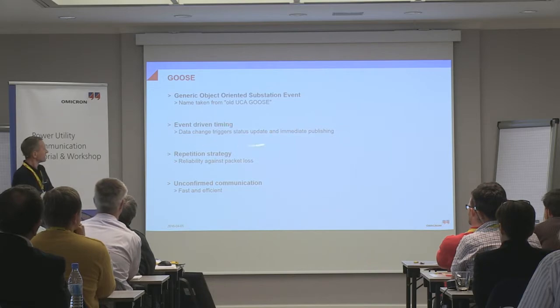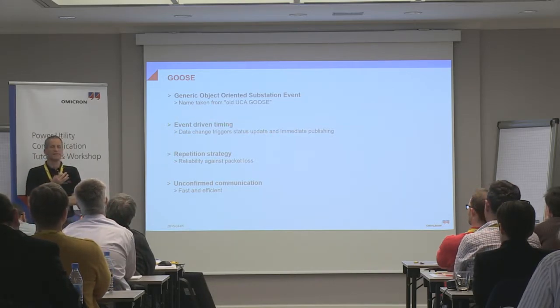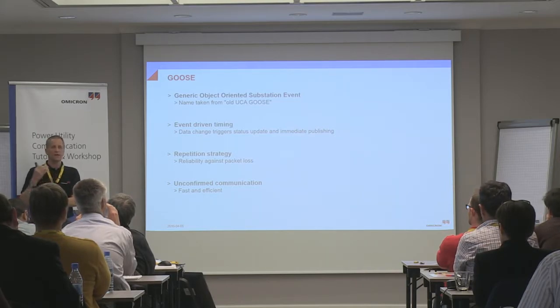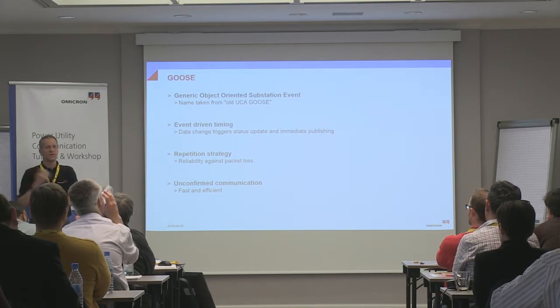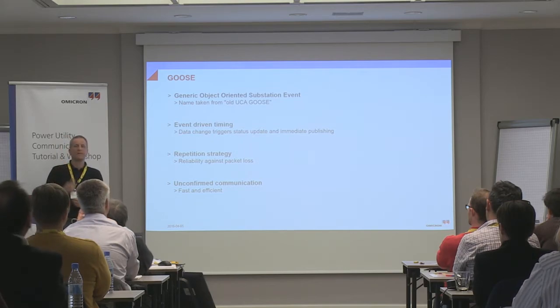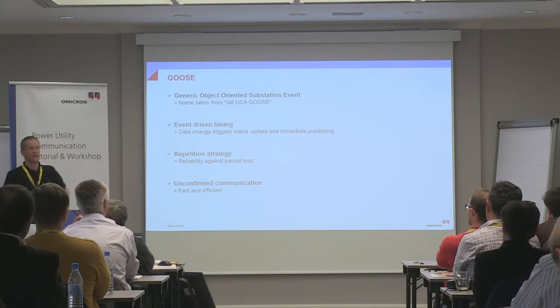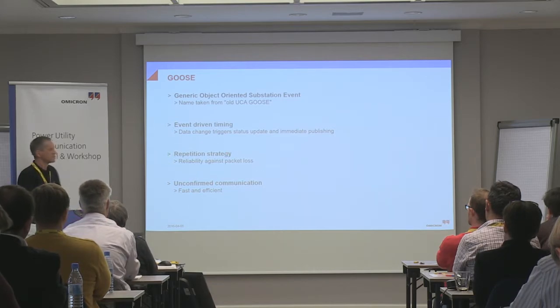The main thing here is it has an event-driven timing. When something happens, when we have a data change that needs to be communicated to the other devices, the GOOSE mechanism kicks in and immediately publishes that information. In addition, we have a repetition strategy.